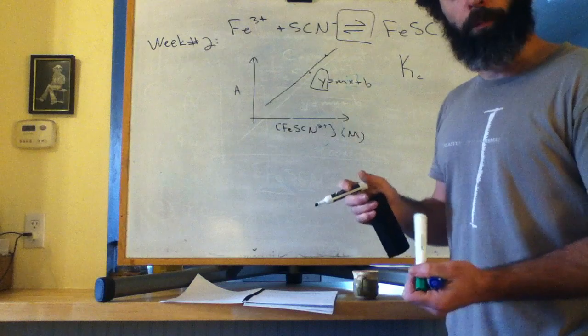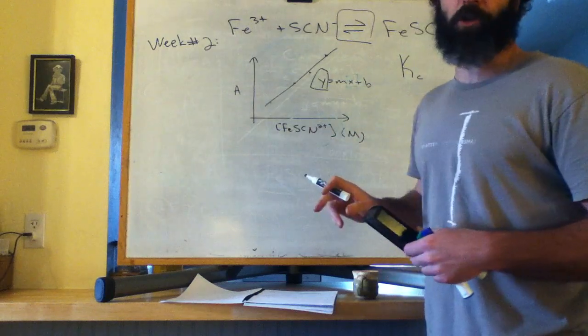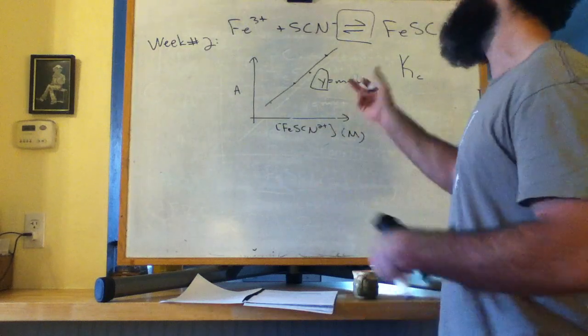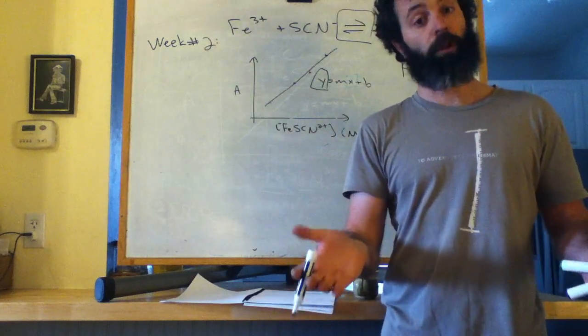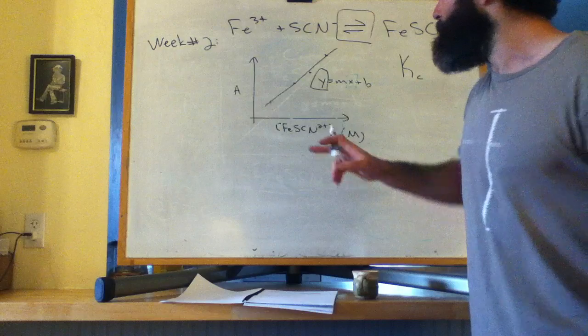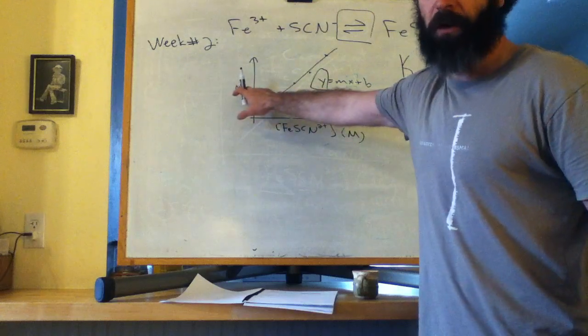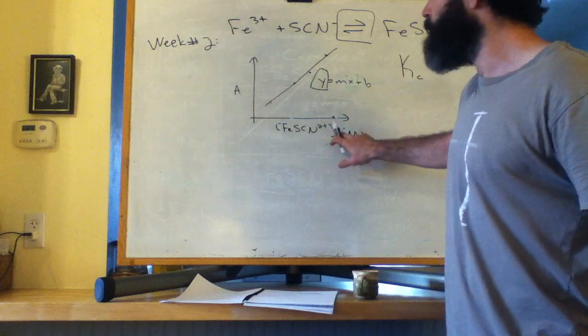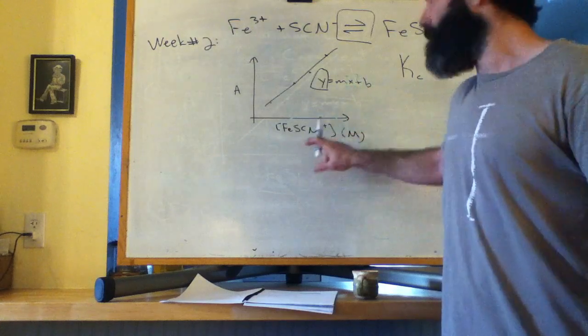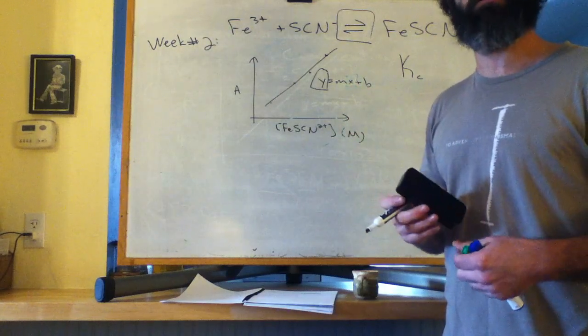This will be the equilibrium concentration of this product because we mix the solutions, we let them sit around for a while, and we allow the reaction to come to equilibrium. So by measuring absorbance values of our various solutions, we can use our calibration curve to calculate equilibrium concentrations of this iron thiocyanate complex.